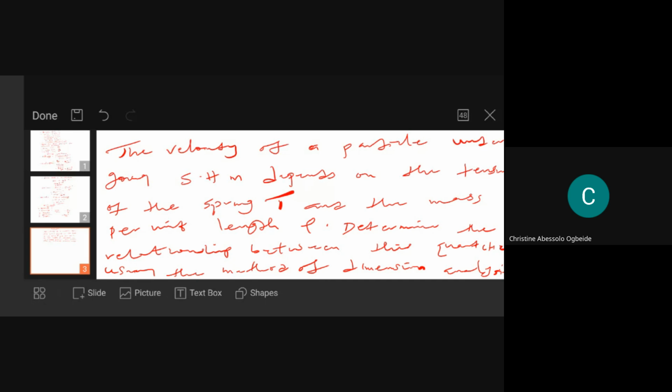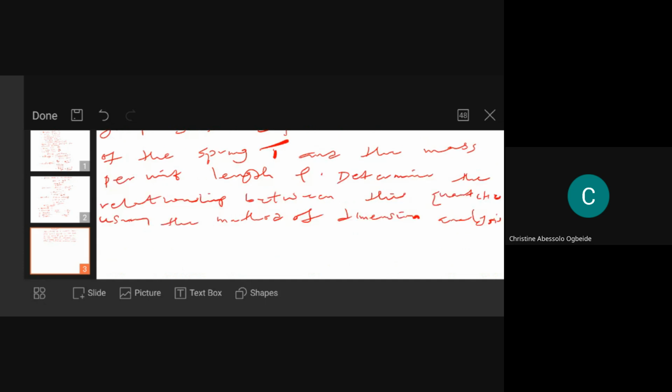Having written down the question, let's go straight into solving it. Solution. Actually, one of the applications of dimension analysis is that we use it to verify relationships between quantities.